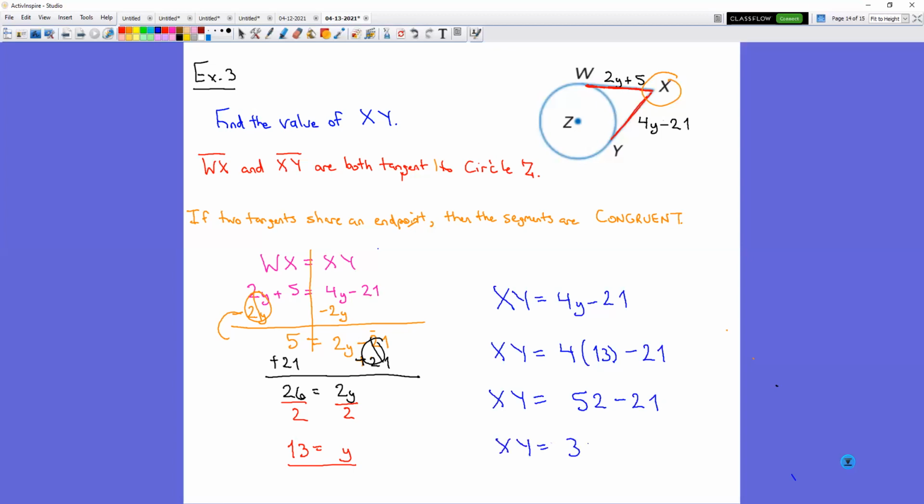So the value of xy is 31, which means segment wx is also 31, because if two tangents share an endpoint, then those segments have to be congruent to each other. There's example number 3.